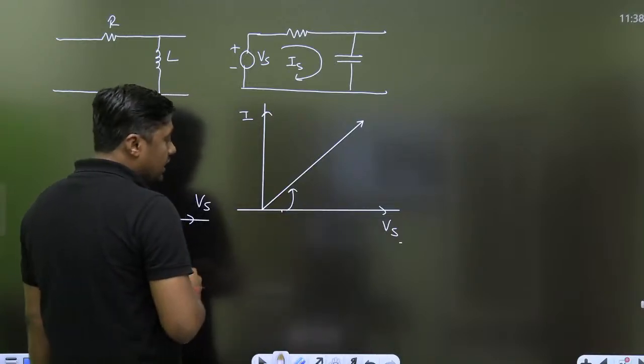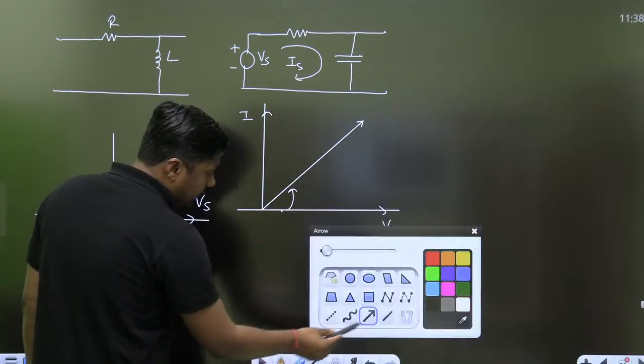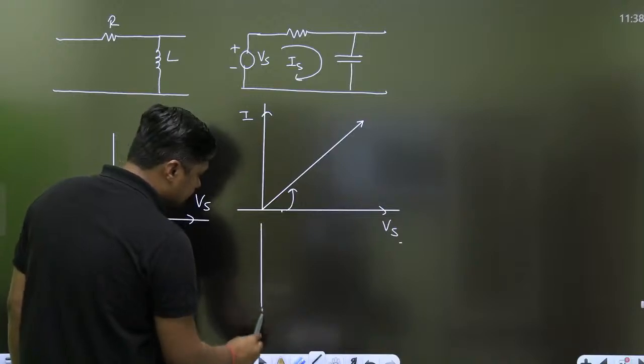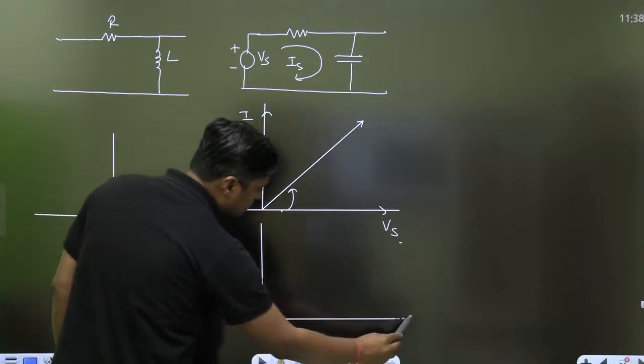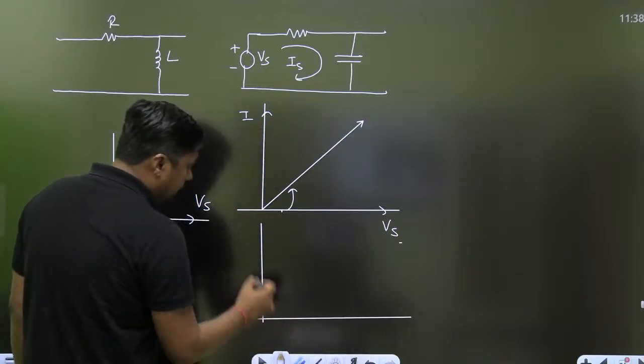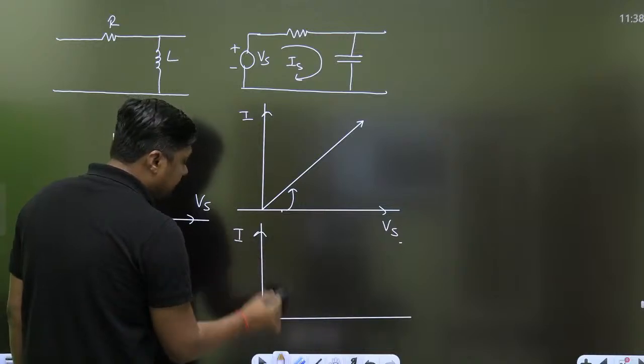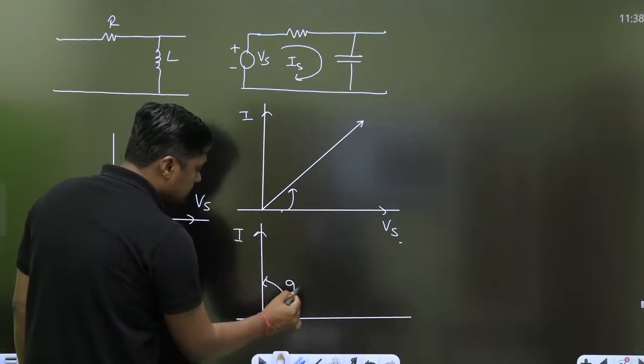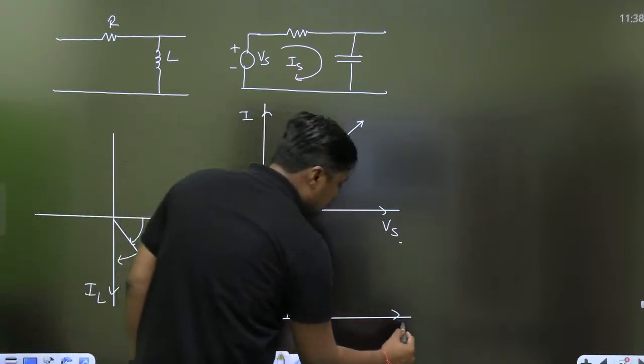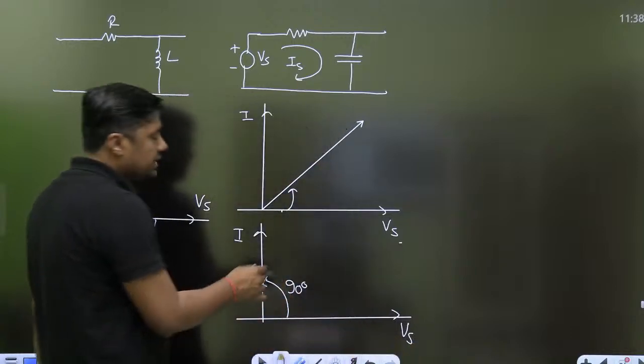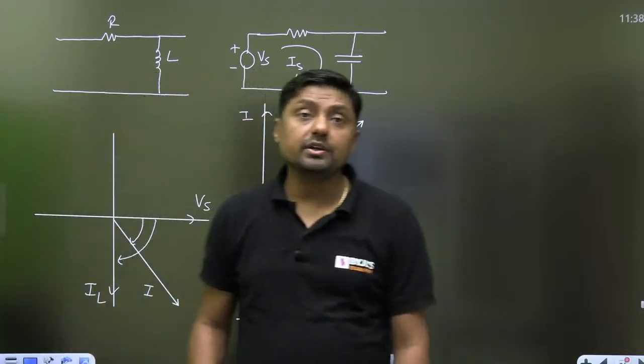Current leads, and if it is highly capacitive, current leads by what? 90 degree. Current leads the voltage by 90 degree.